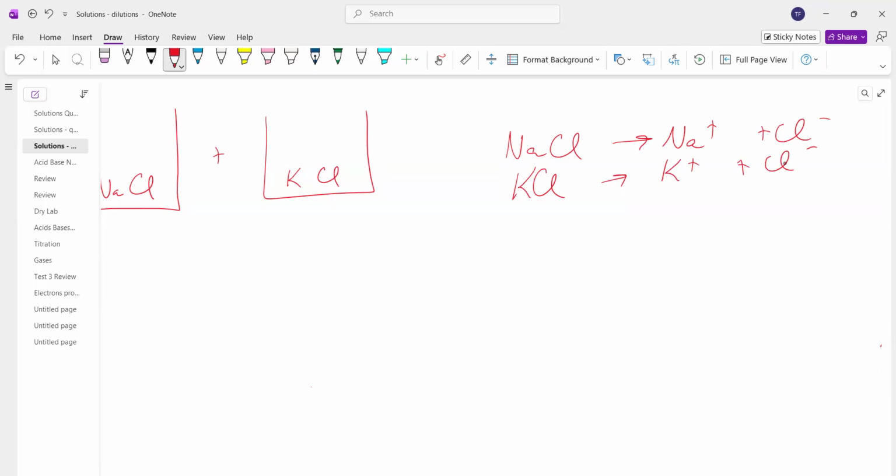so when we dissolve sodium chloride in water, it splits up into sodium ions, chloride ions, and potassium chloride into potassium ions, chloride ions. So here, this is where we have to find that. So if we know the moles of this, because it's a 1-to-1 from the balanced equation, that gives us moles.